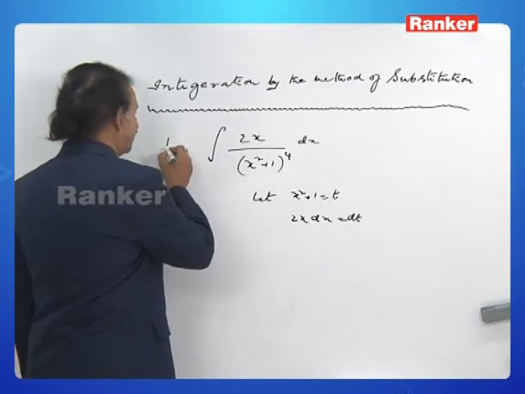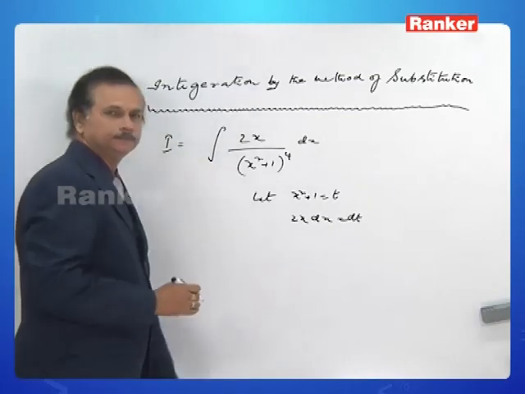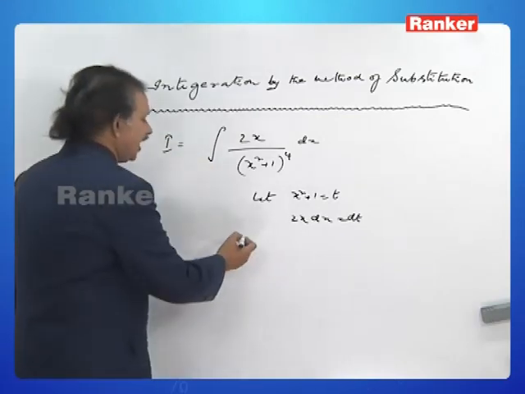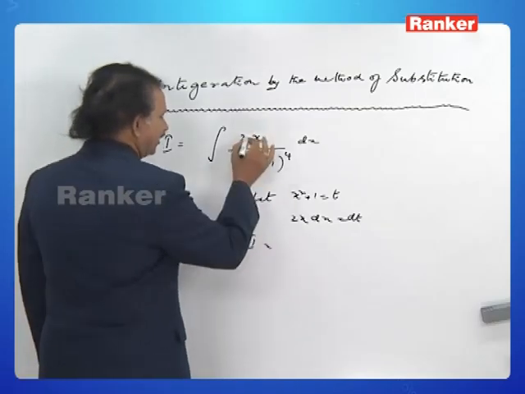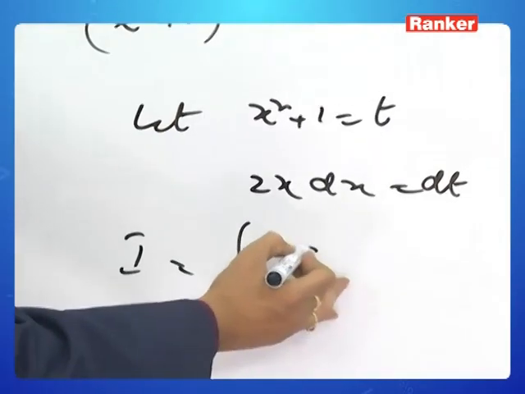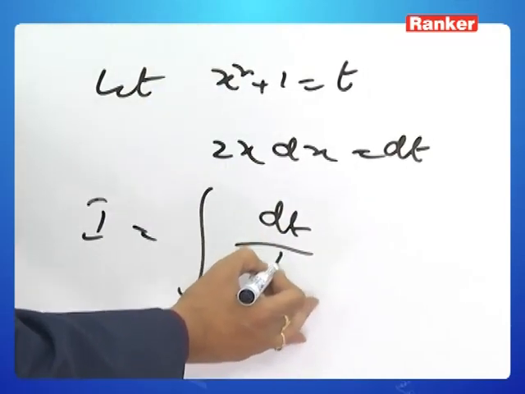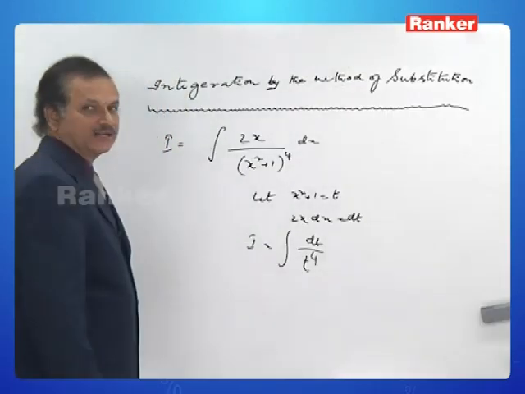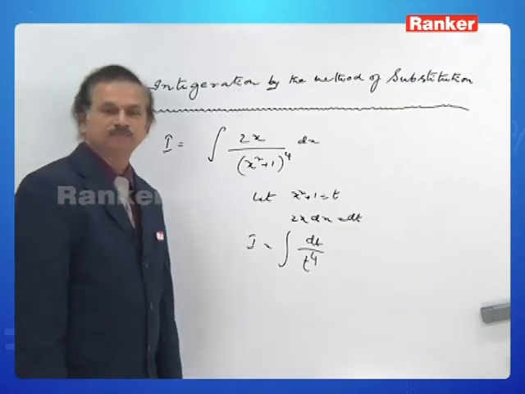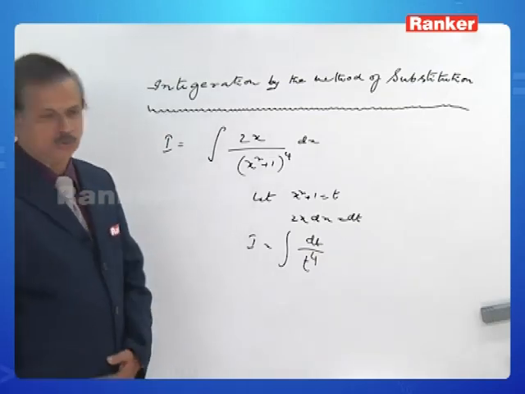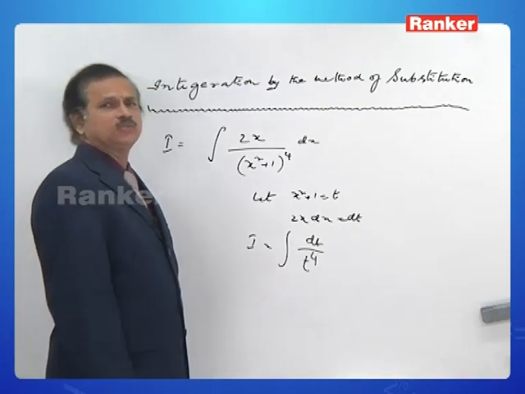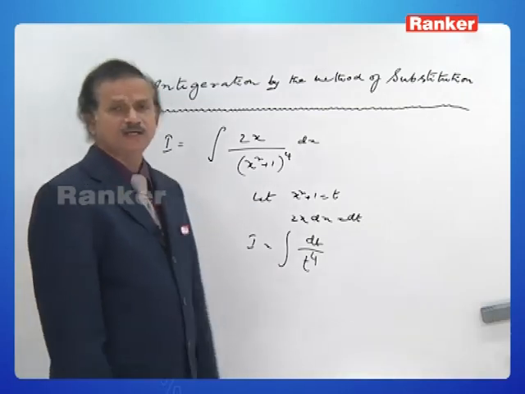Let me name this integral some I. So I is therefore equal to, in the place of 2x dx we can have dt, and in the place of x square plus 1 we can have t. It looks like 1 by t power 4. What is its integral? Minus 1 by 3t cube, isn't it?